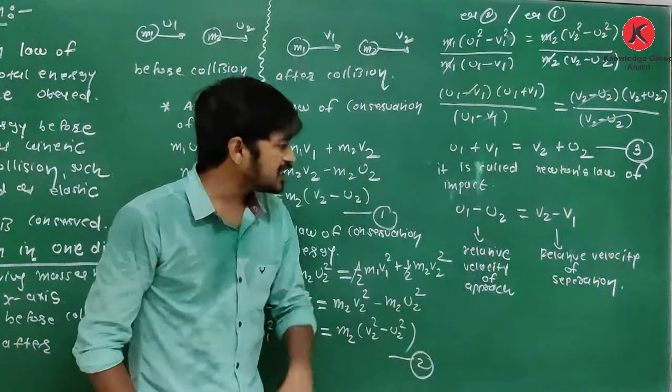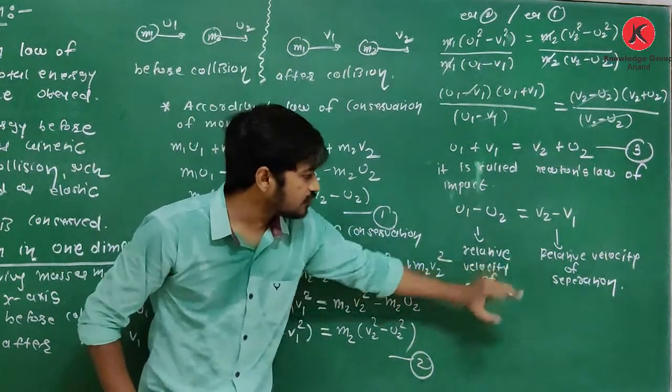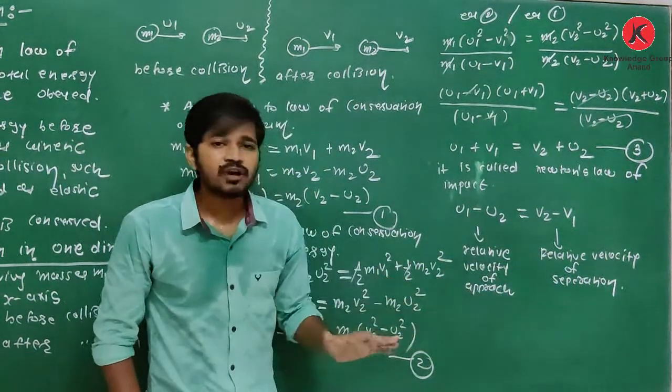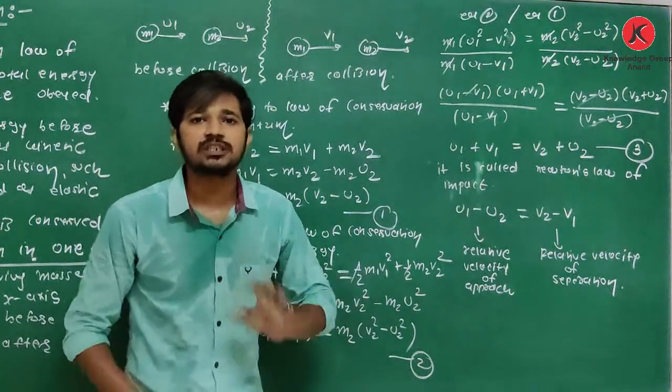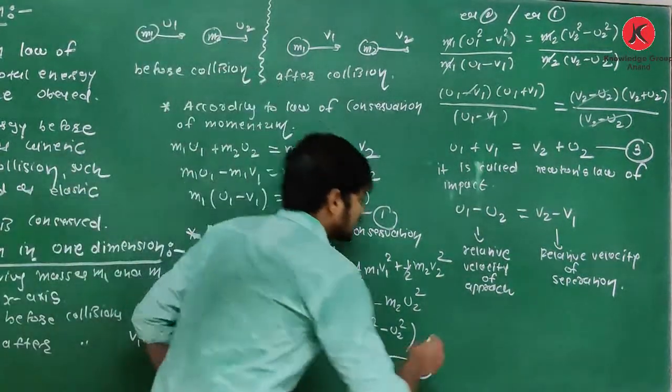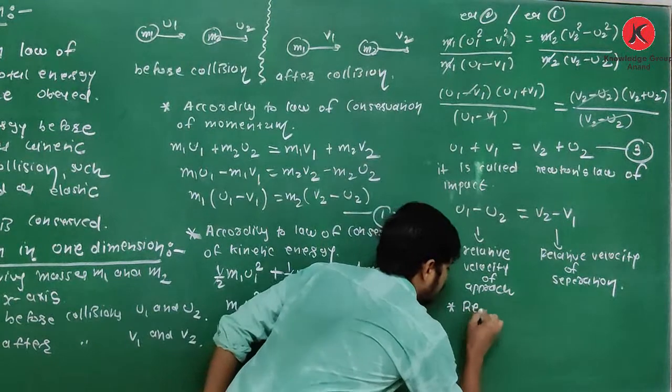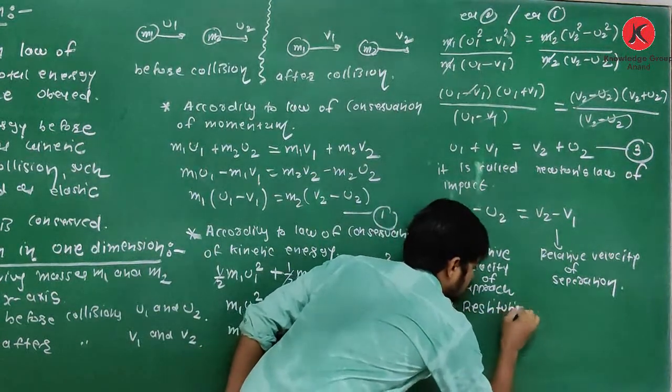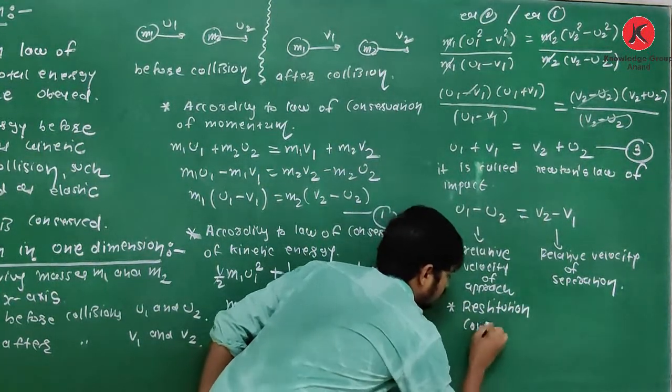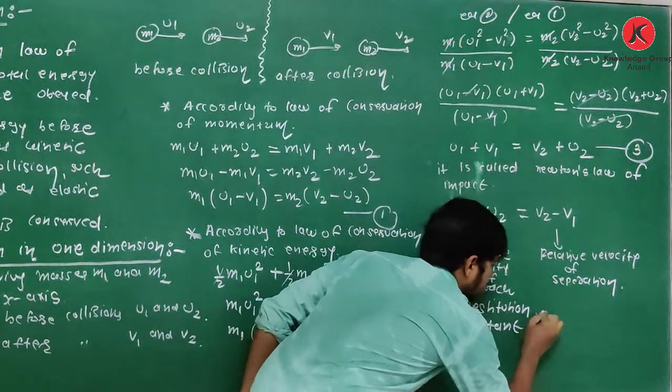And the ratio of relative velocity of separation to relative velocity of approach is called the restitution constant for collision, and it is denoted by small e.